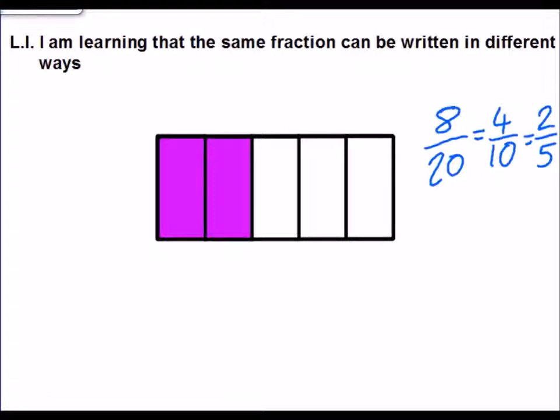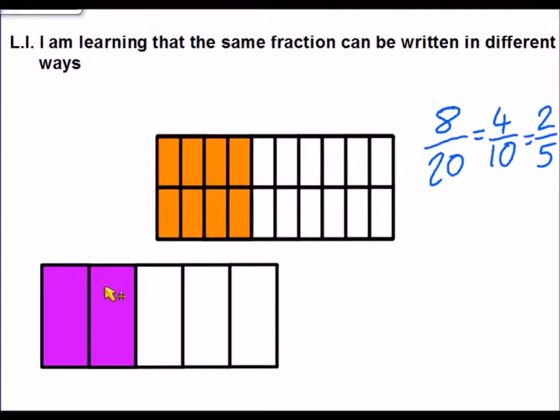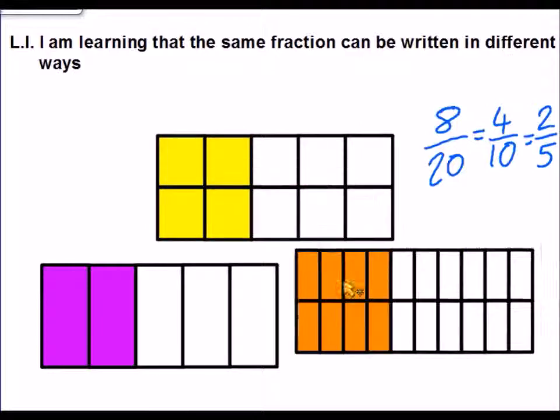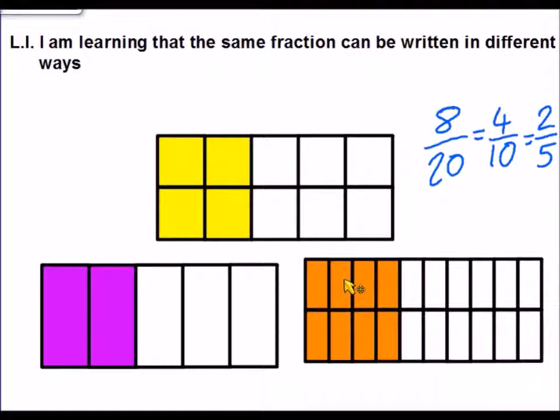So what might be the point of equivalent fractions? Well, really, we want to be describing fractions in the simplest way possible. So when I hear something like 8/20ths, I personally find that quite hard to visualize. I need to visualize something that's been split into 20 parts, and then I need to try and picture 8 of those parts. Now that is a little bit hard to picture, okay? 4/10ths, well, that's a little bit easier.